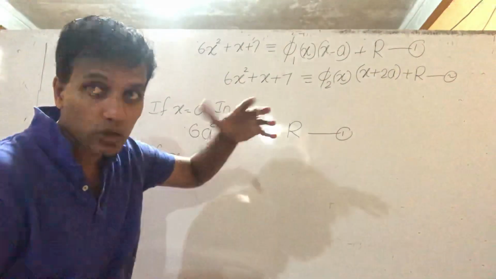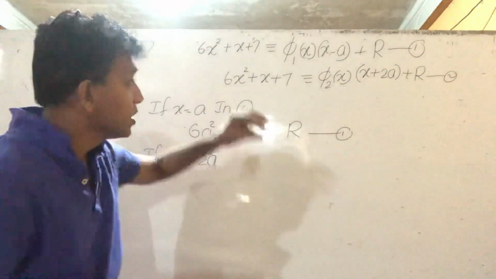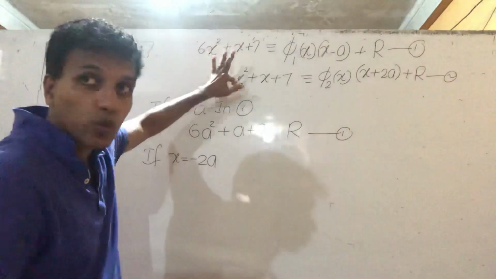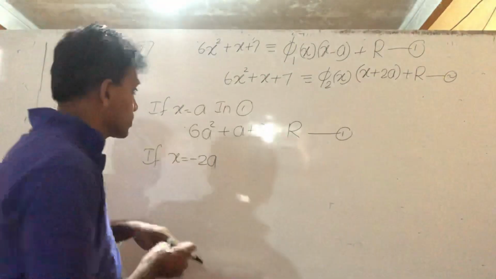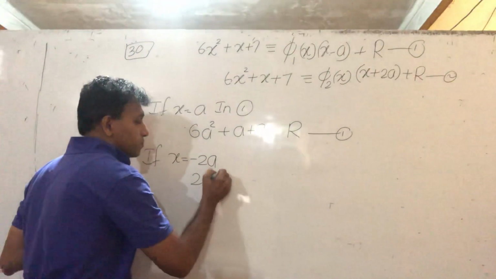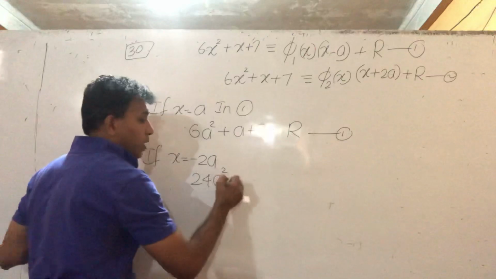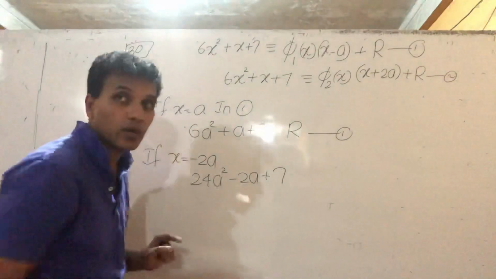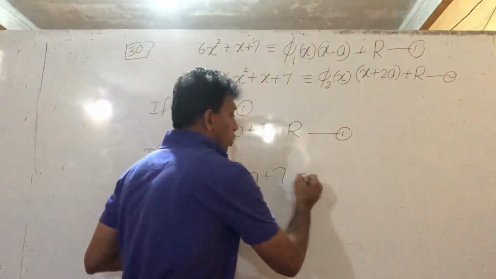It is not like O-level mathematics, you have to apply it quickly here. 2a square is 4a square, 6 times, 24a square, here x for minus 2a plus 7, equal to R.